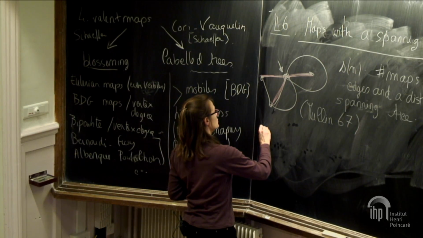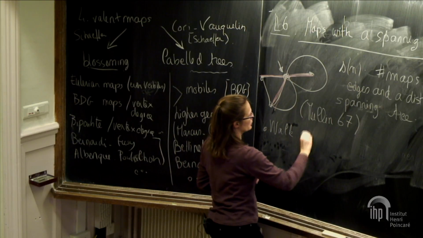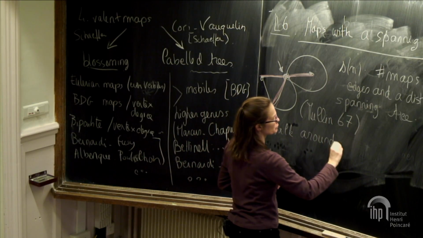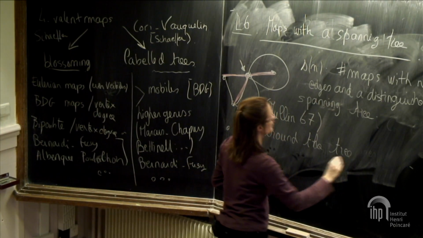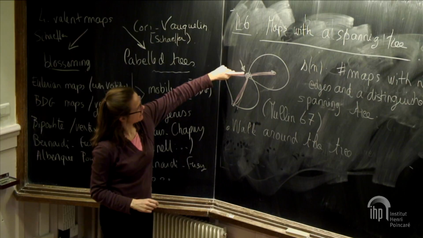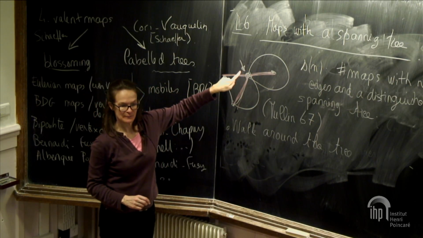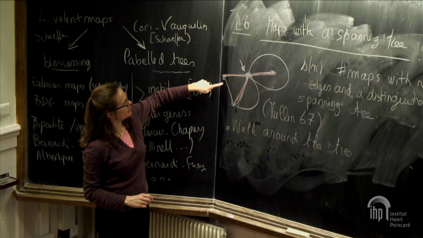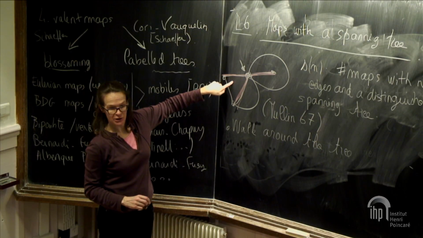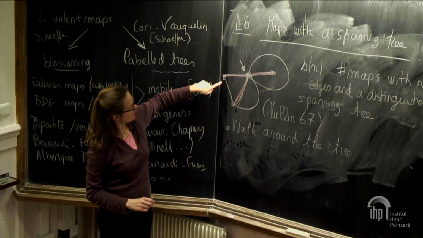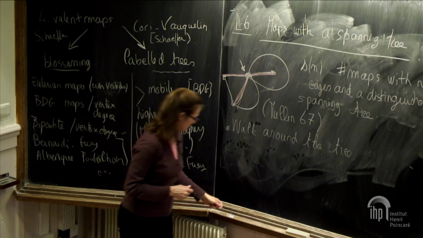So what we do is we walk this time around the tree, not around the map, but around the tree. So here I will do this walk. And each time I meet an edge, I cut an edge that is not in the tree, well, I will encode this in a way.